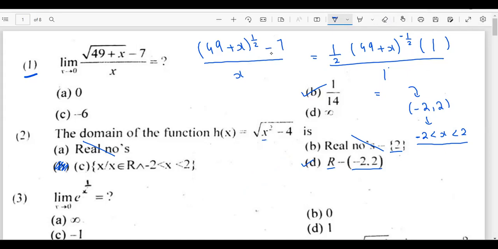Which values are these exactly? Values greater than -2 but less than 2. So this includes -1, 0, 1, 1.1, 0.1, 0.001, and all these values. So for this domain, we have all the real values except this set. We are getting rid of this, and other than this, we have all the real numbers.